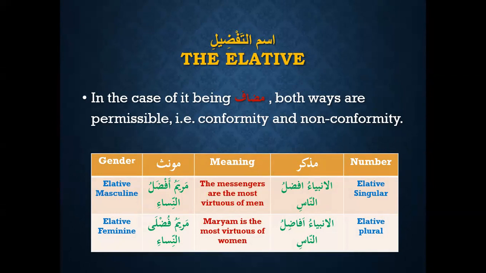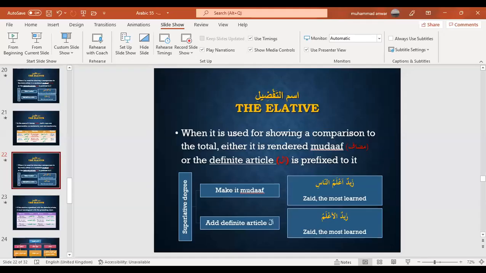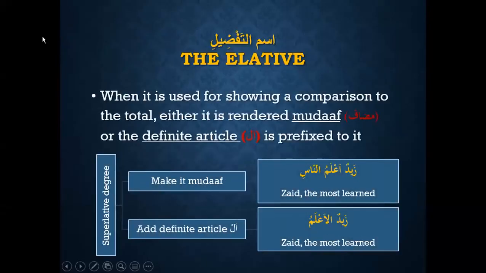Or you could say afadilu as plural. So you could use feminine, masculine, singular, plural. You have choice to use it like this. You can make it conforming to the number, or you don't have to. So you have a choice there. Okay.